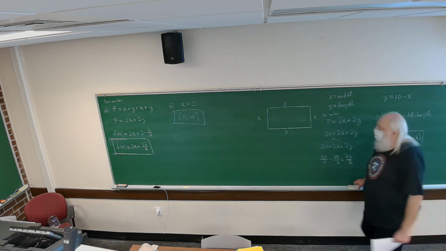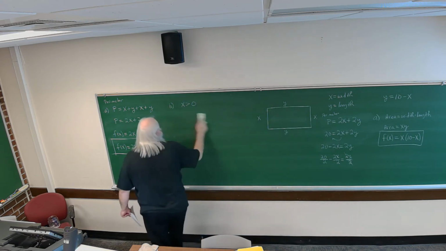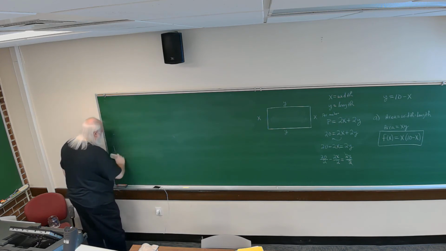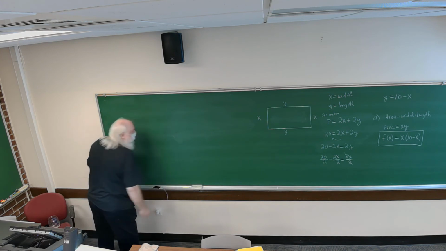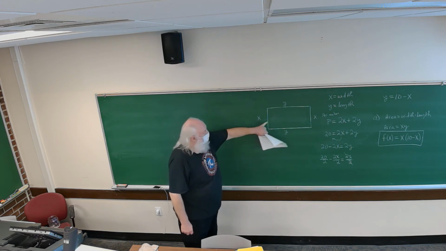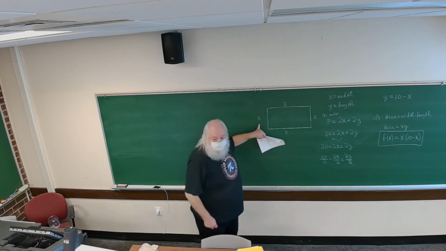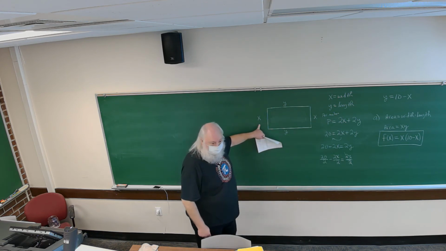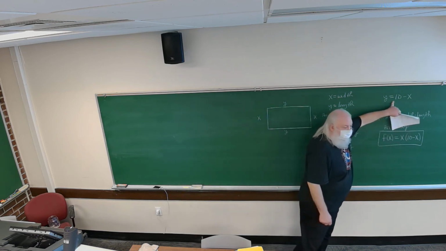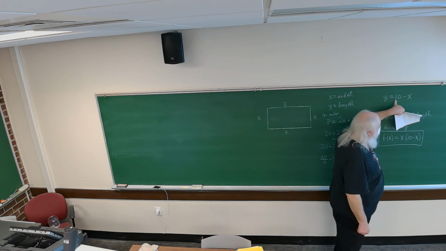Now over here, x could be any positive number. But that's not true in this case, is it? x has to be greater than 0, but the perimeter is constrained to be 20 meters. So x can't be 1 trillion in this case, because of this constraint. x has to be at least 0, but it can't be over 10.